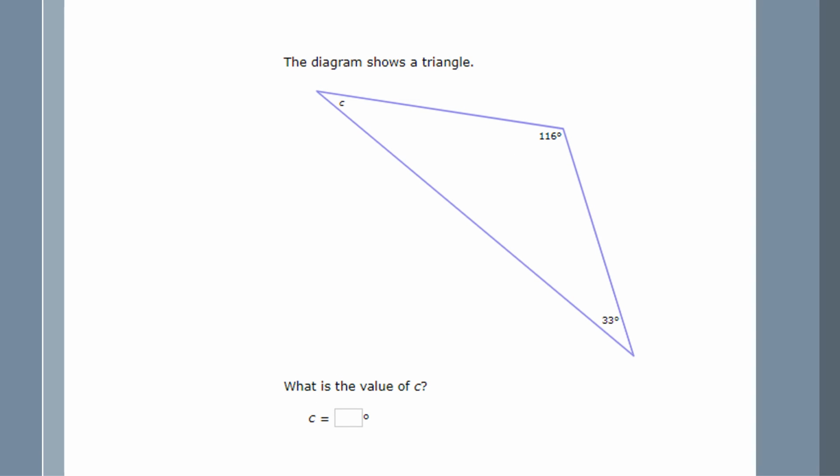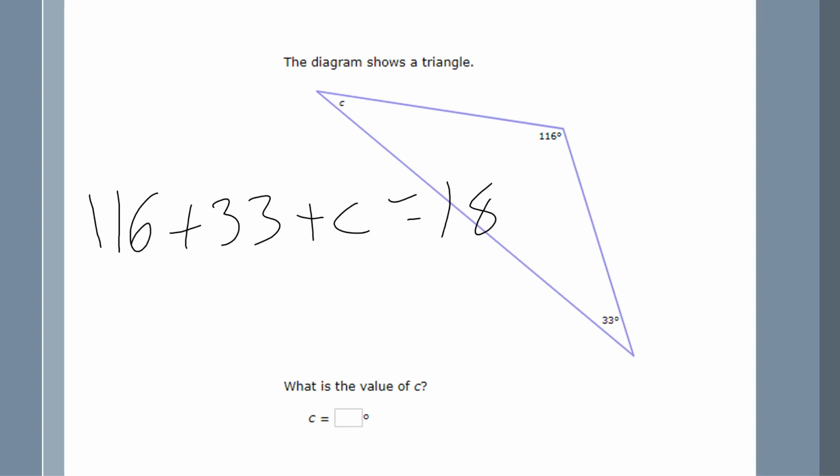Now, here's something a bit unique. Guess what? Now, you have a variable on this one. 116 plus 33 plus c equals 180. So again, you have to solve like you do an equation, but combine your terms like you've been doing.